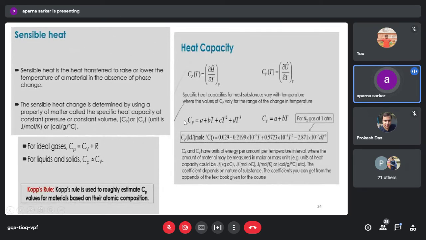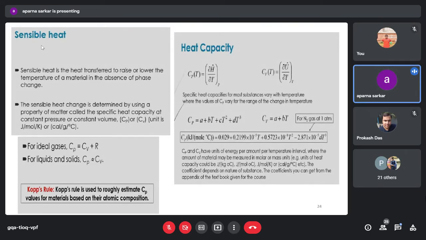Now, for energy balance, there are some definitions and parameters we need to know. The first important parameter is sensible heat. What do we mean by sensible heat? That is the temperature change of the system in the absence of phase change.